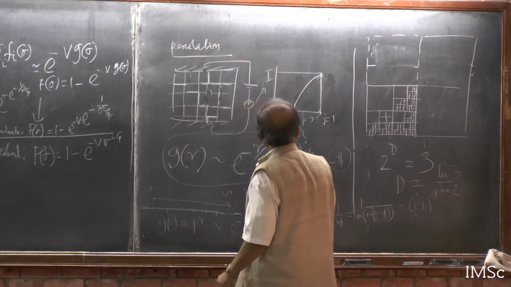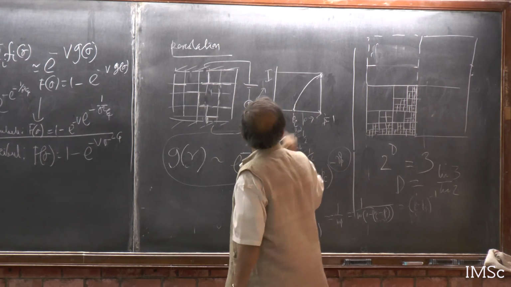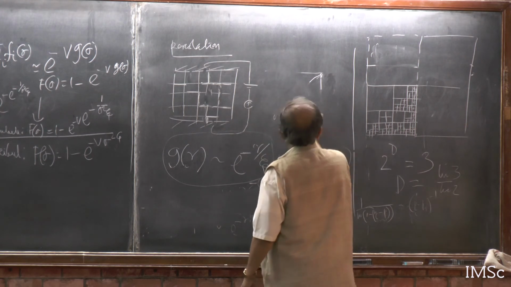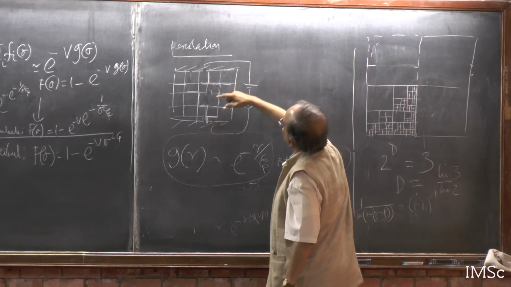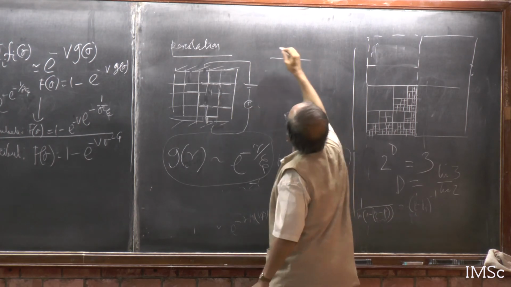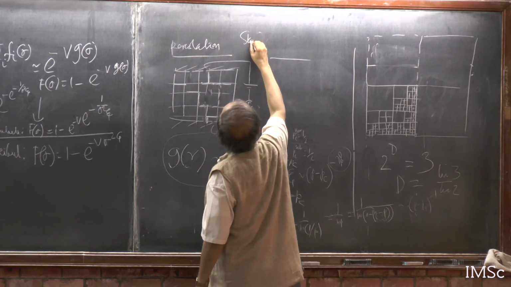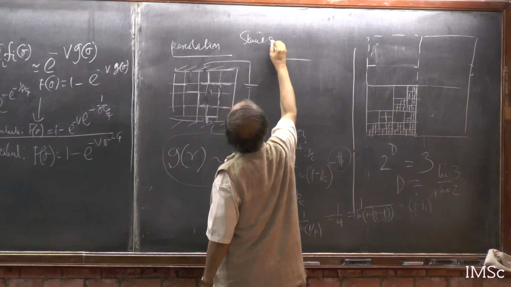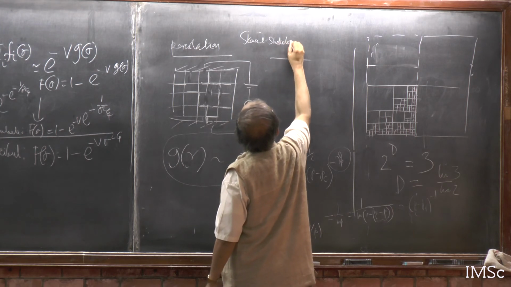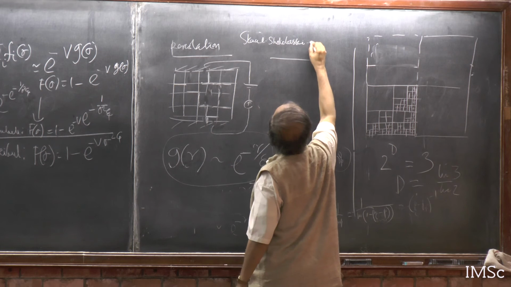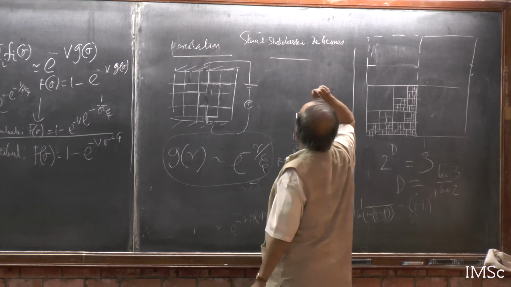And the idea was, as these things are all defined now, okay. So the idea was that after some time this lattice will look like this. It is called the Skal-Shklovskii-de Gennes picture, the super lattice structure.